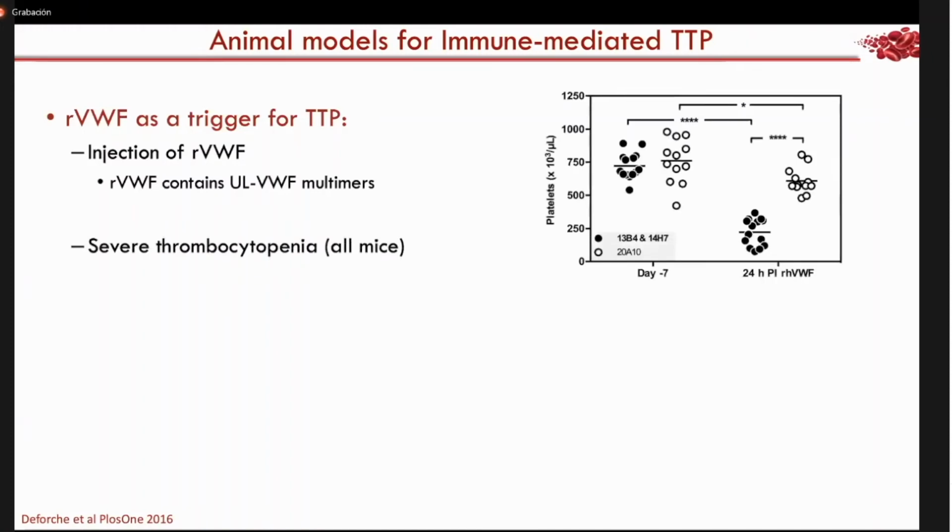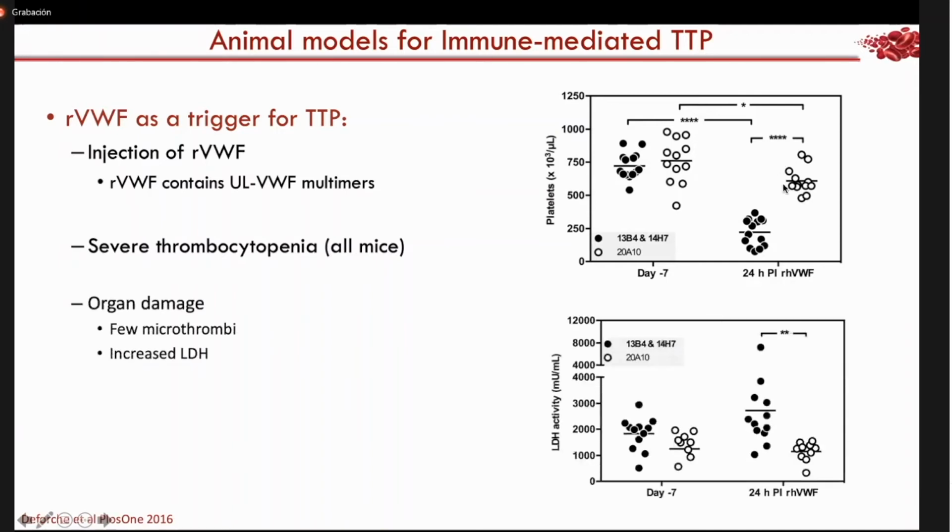As you can see, when we did that, we could induce severe thrombocytopenia in all mice. If you look at the graph, you see the platelet counts as a function of time, and with the black circles, when we inject the inhibitory antibody, so when ADAMTS13 is deficient, we have severe thrombocytopenia, and not when we inject the control antibody.